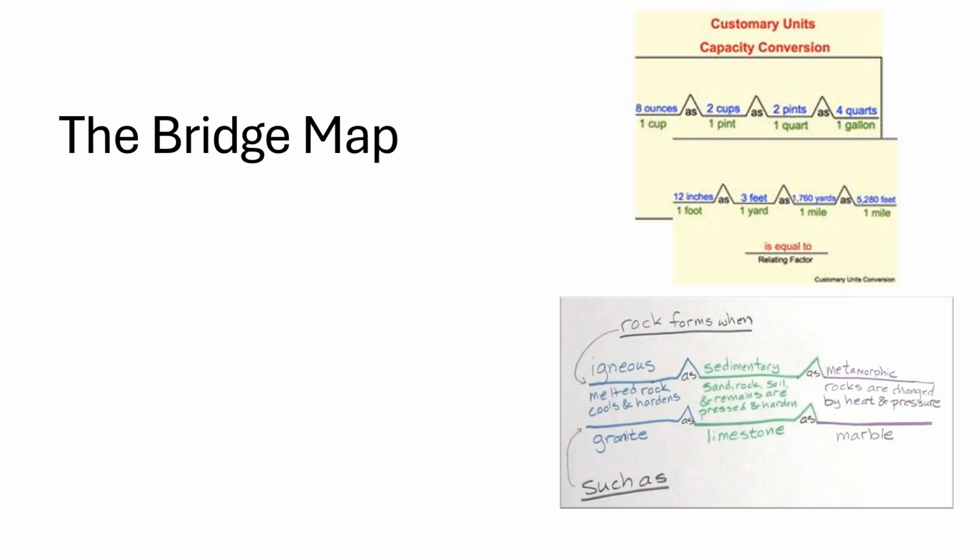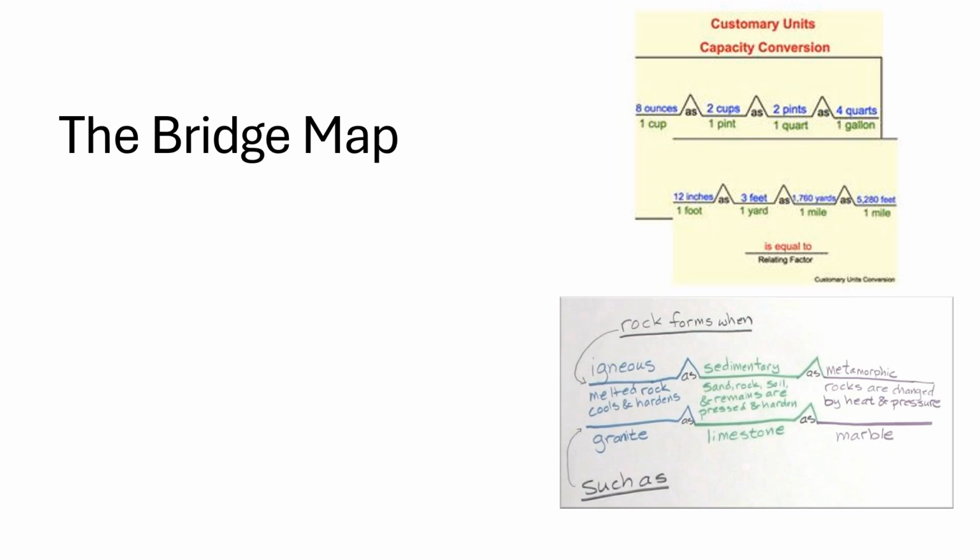On the previous slide, you saw the initials RF, which means relating factor. In the above example on geology, the relating factor in the top bridge map is rock forms when. Basically, the relating factor helps combine the top and bottom of the bridge map into a coherent sentence.